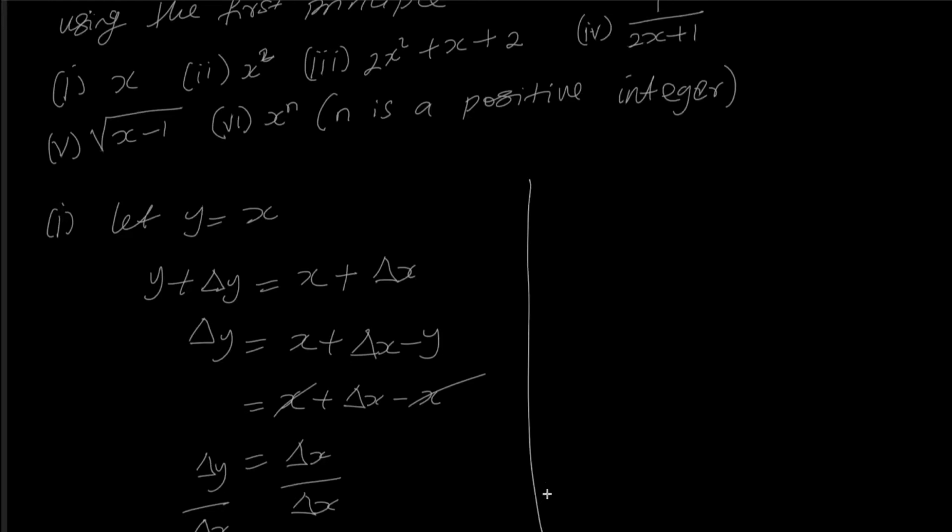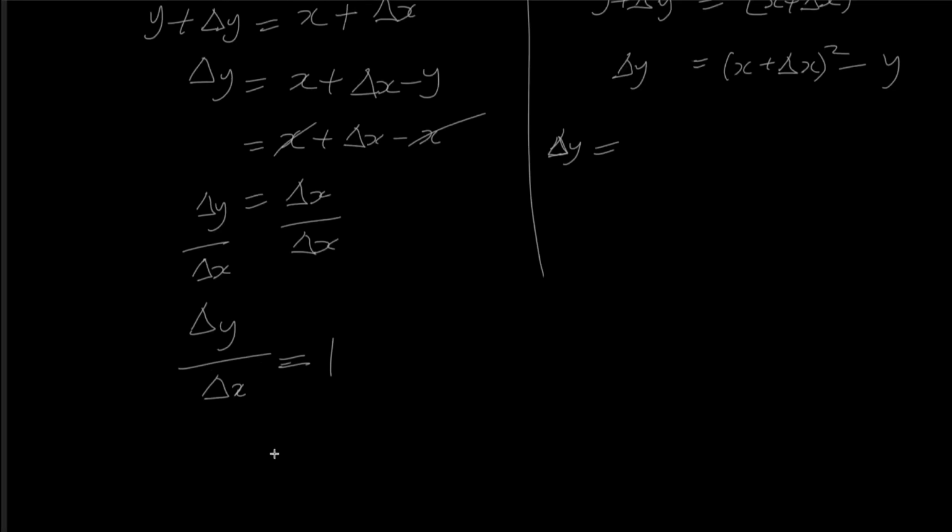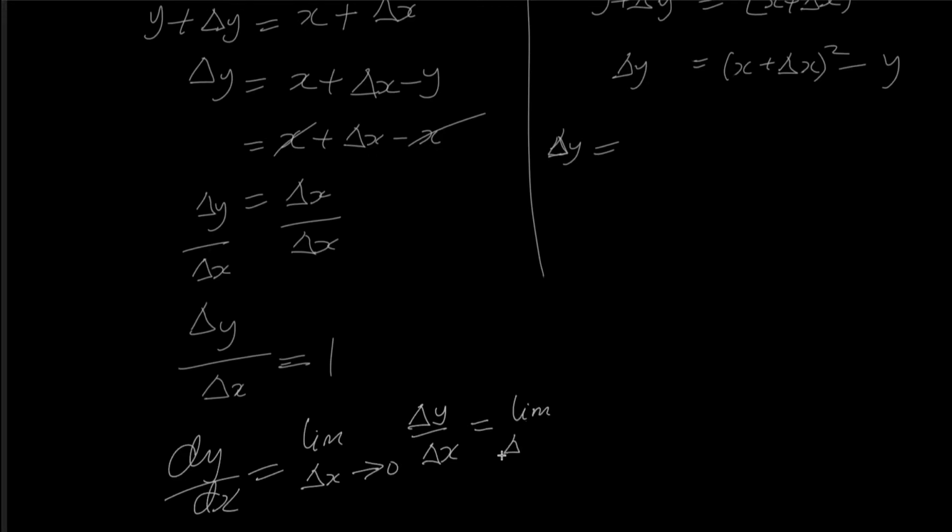Okay, let's try the second one. This time we're going to still say let y equals x squared. Therefore, the change in y equals the change in x raised to power 2. If you calculate this, you agree with me that this equals this square minus y. Remember that the derivative from the first principle is delta y over delta x, which equals, when delta x is approaching 0, this over this, limit as this approaches 0, equals 1.